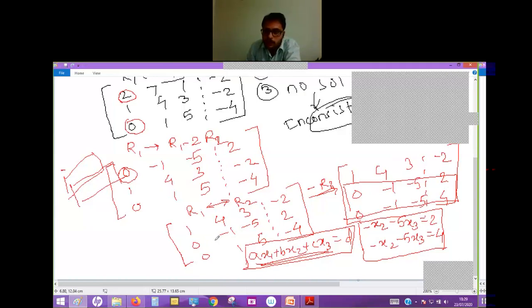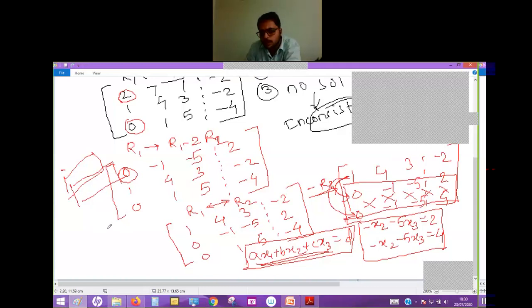My dear students, if there are three planes and two of them do not intersect with each other, then obviously, the plane represented by this equation can intersect with the third one, or this one can intersect with the third, but these two cannot intersect with each other. That's why this whole system has no solution. My dear students, solution means what?